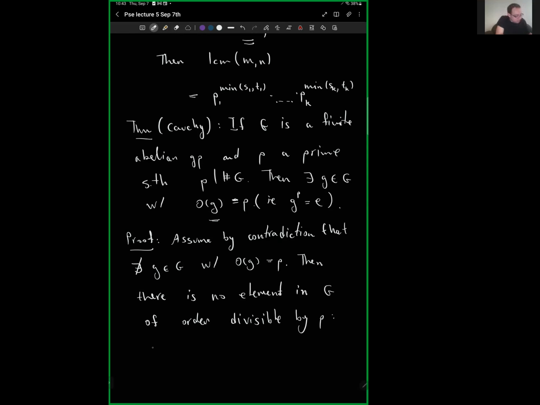If there was, if g to the r is equal to e, and P divides r, then I can take g to the r divided by P. If you raise it to the P power, you simply get g to the r, which is assumed to be e. And this is a contradiction because we assumed that there is no element of order P.